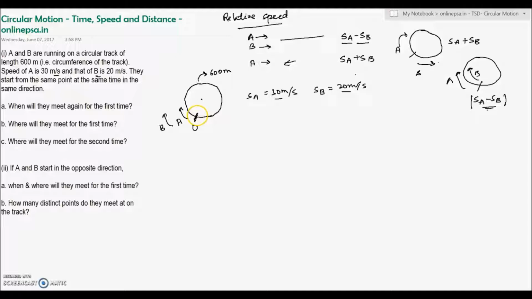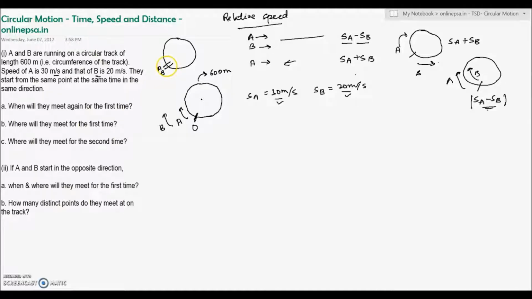Now when they start the race, when they start running, you know that the speed of A is more than B. So just after a fraction of a second, you can see that A will be slightly ahead of B. If you can freeze that moment, for example, A is here and B is here.